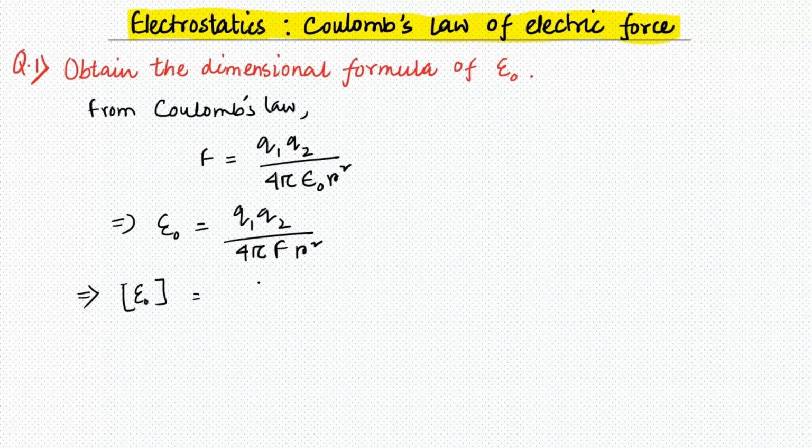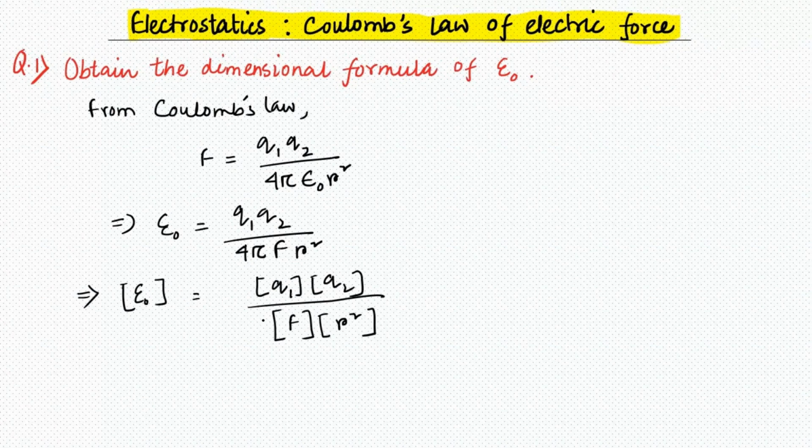So epsilon naught is equal to the dimension of charge Q1, the dimension of Q2, 4 pi is basically a constant, so we don't need that, and the dimension of F, and dimension of r square.